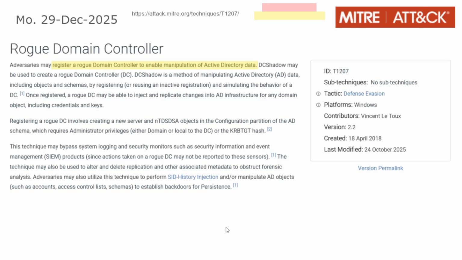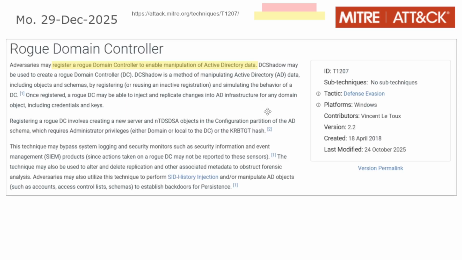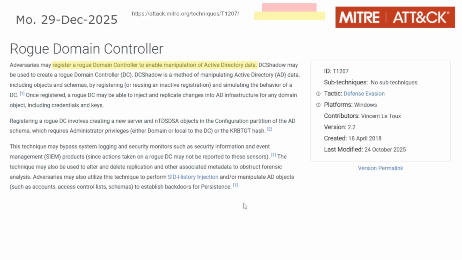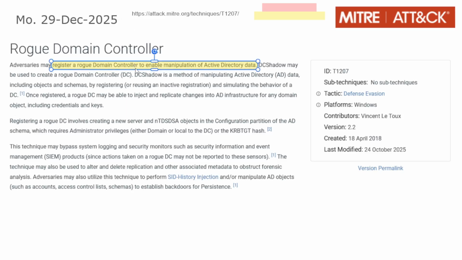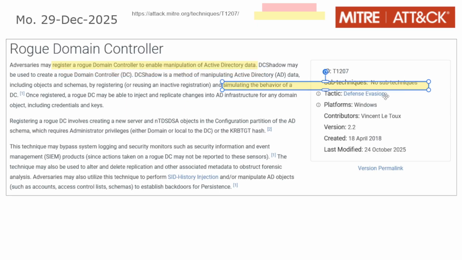Let's keep reading what they write. I don't want to talk about something that's written here anyway. So DCShadow may be used to create a rogue domain controller. DCShadow is a method of manipulating Active Directory data, including objects and schemas, by registering or reusing an active registration and simulating the behavior of a DC. Yeah, it's about simulation of the behavior of a DC. That's what you want.